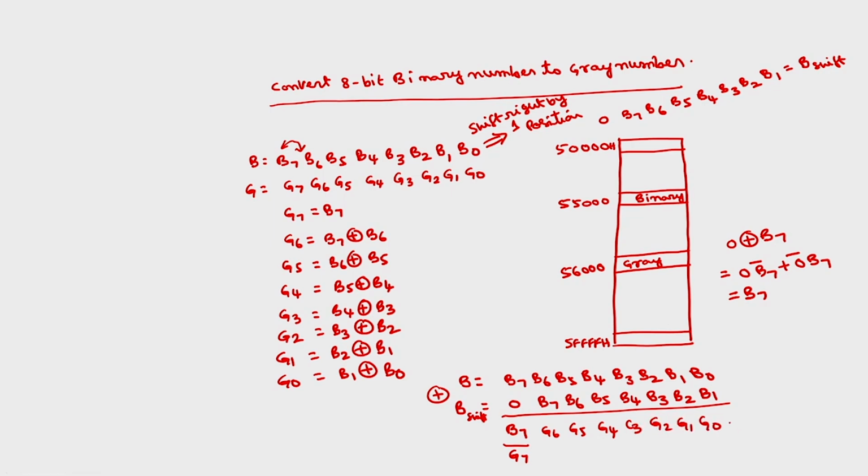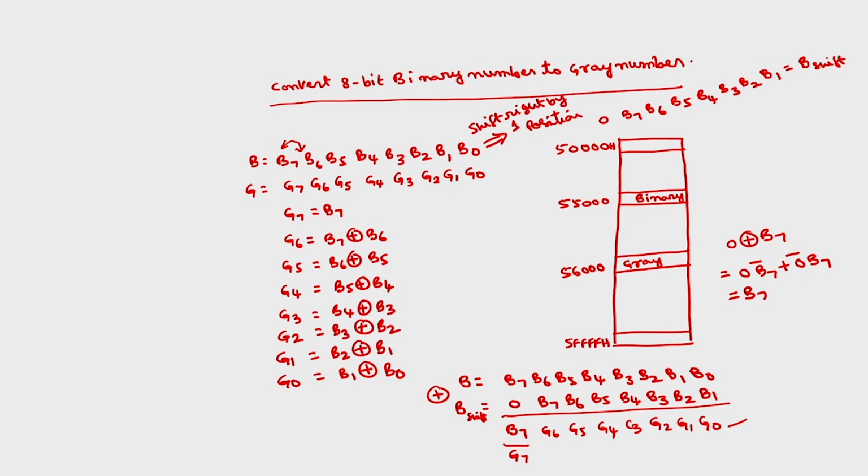So you will get the result. The basic logic here is, you take the given binary number, you rotate right by 1 bit position through carry. Before that you have to clear the carry. Then you exclusive OR the given number and the shifted version. You will get the gray result.